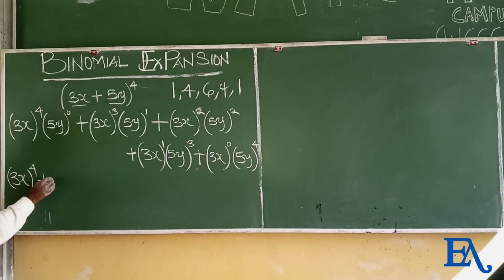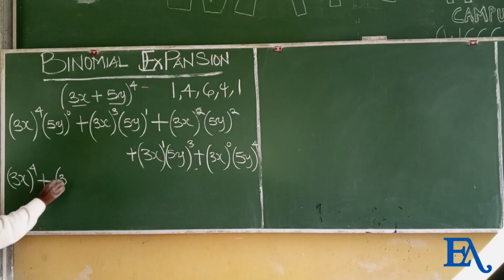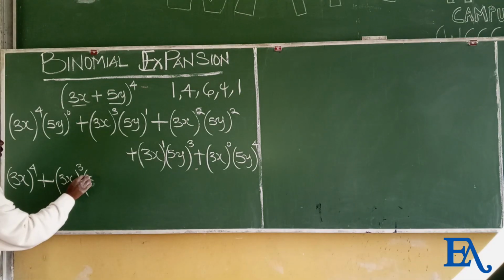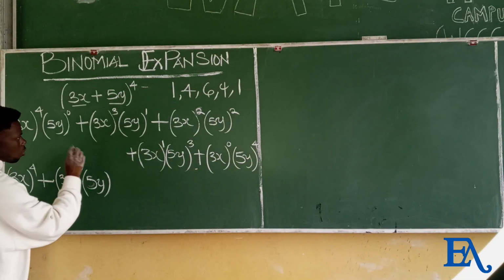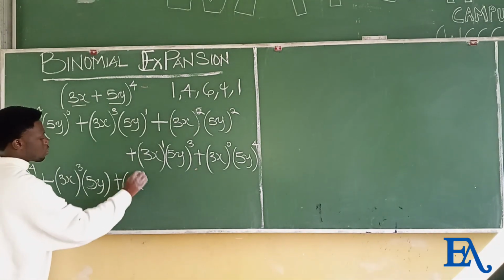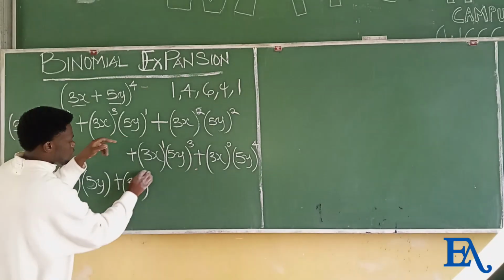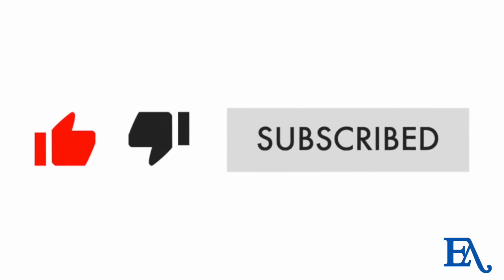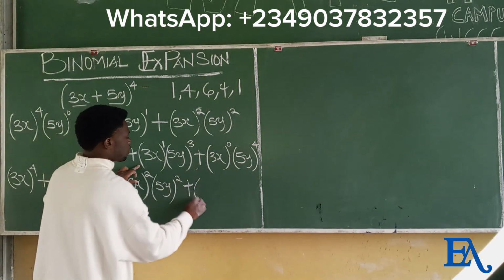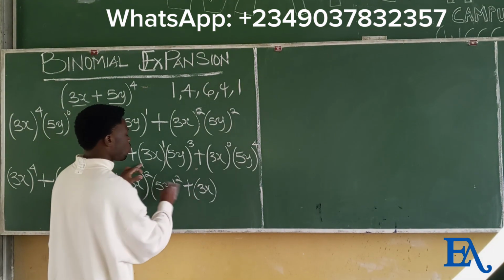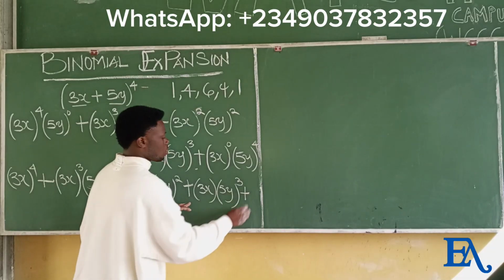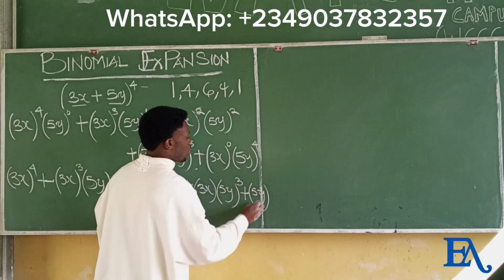Therefore, we have plus, in parentheses, 3x raised to the power of 3 and 5y raised to the power of 1, plus 3x raised to the power of 2 and 5y raised to the power of 2, plus 3x raised to the power of 1 and 5y raised to the power of 3, plus 5y raised to the power of 4.